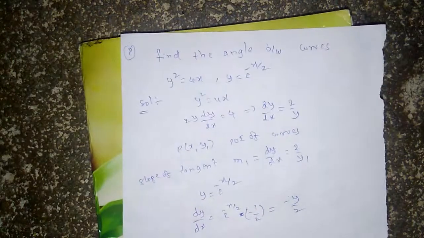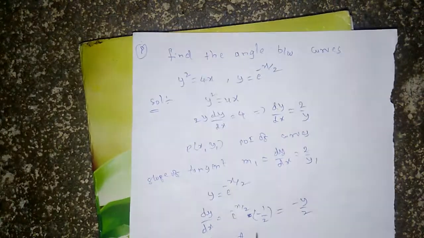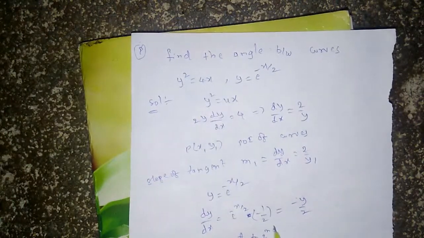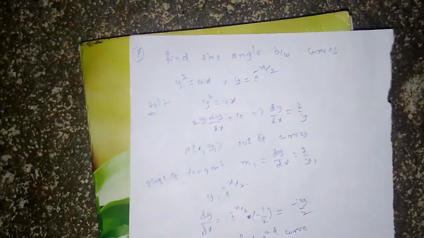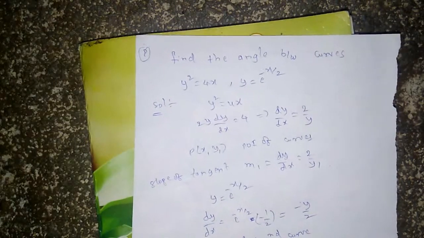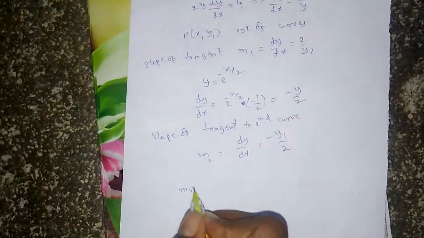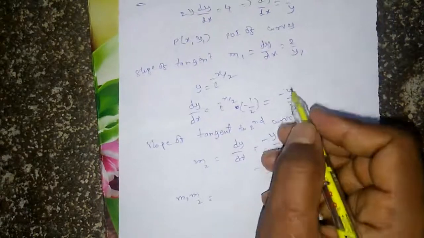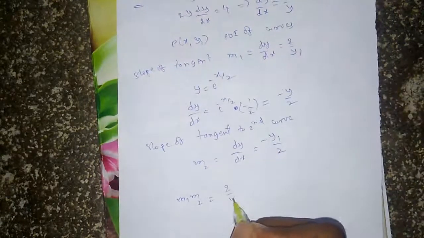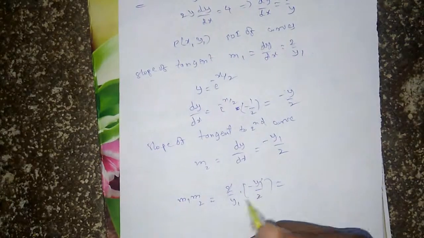Now slope of tangent at the point to the second curve, dy by dx, that is m2, is equal to, substituting x1 y1, minus y1 by 2. Now find m1 m2. Here m1 is 2 by y1, m2 is minus y1 by 2. Here 2 gets cancelled, y1 gets cancelled, that is equal to minus 1.